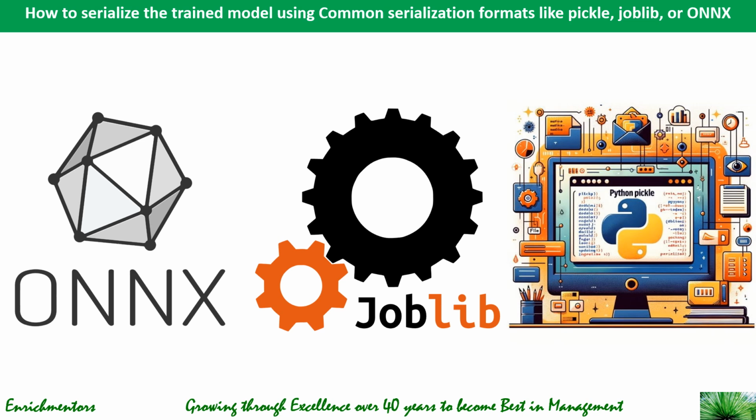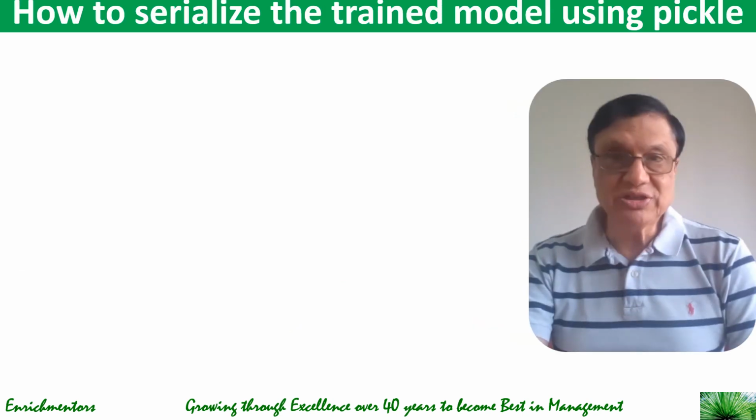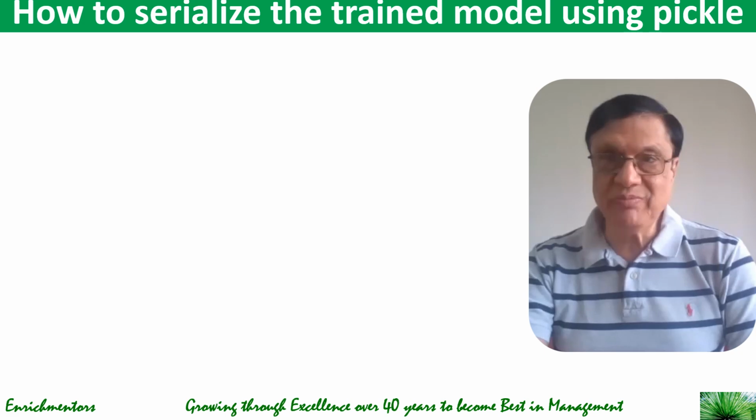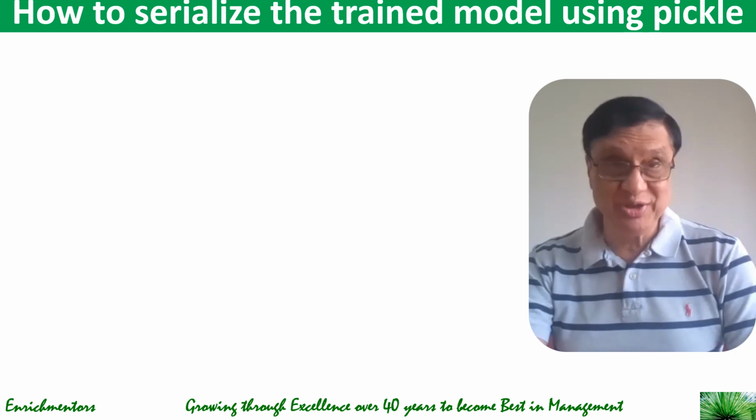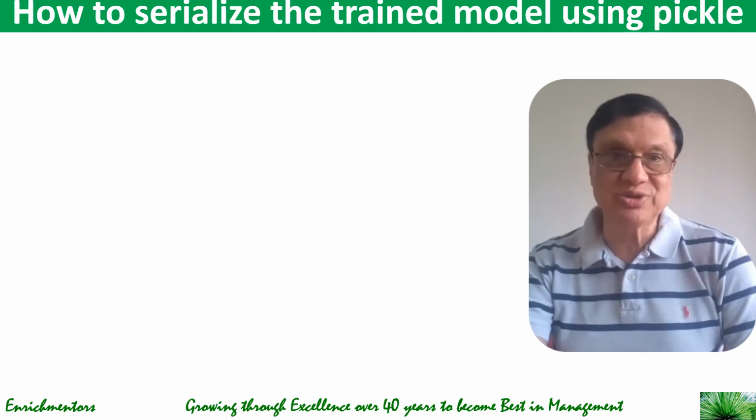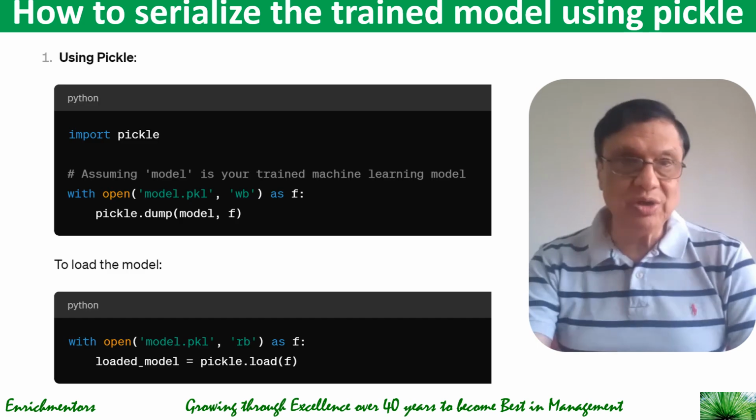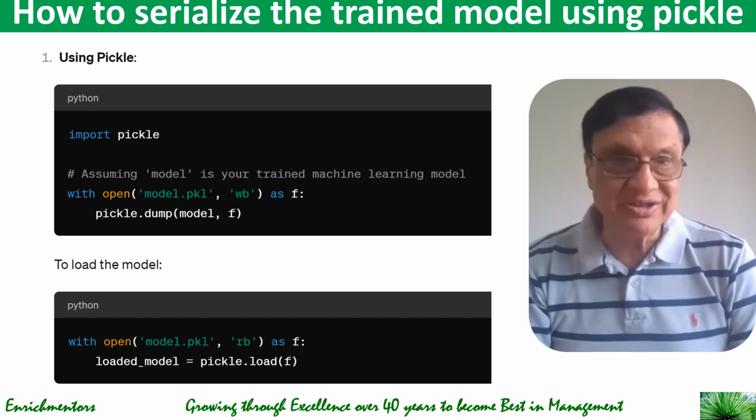So the question is, how do you serialize the trained model using common serialization formats like Pickle, Joblib, and ONNX? Any thoughts? Let's look at how to serialize a trained model using Pickle. Using Pickle, what you need to do is run the commands that you see here.